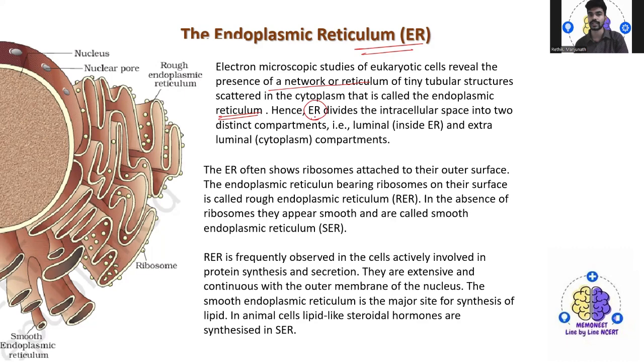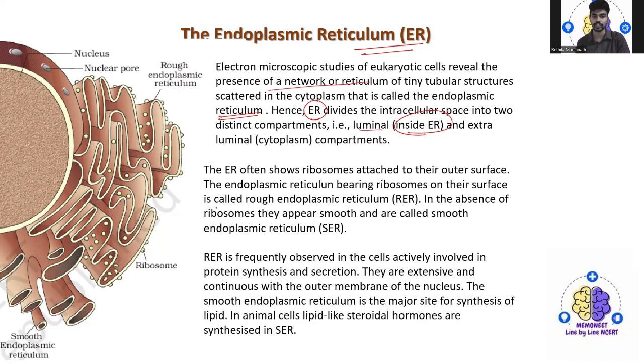Here the endoplasmic reticulum divides the intracellular space into two distinct compartments. Inside the endoplasmic reticulum, we normally call it the lumen, and outside, that is the extra luminal space, which is the cytoplasmic compartment.